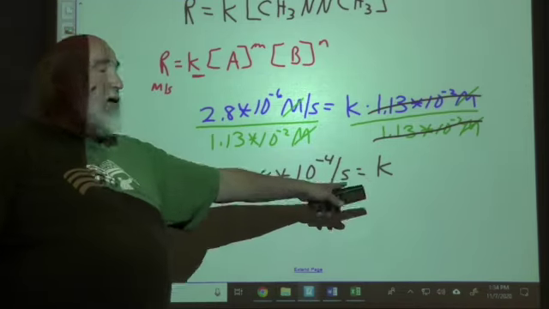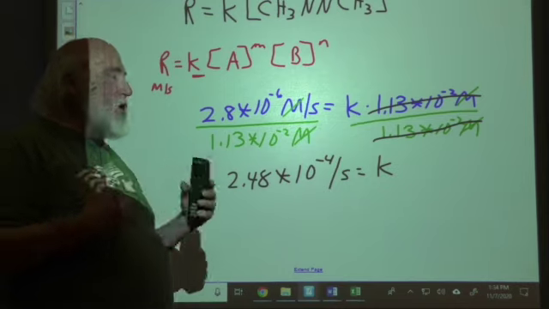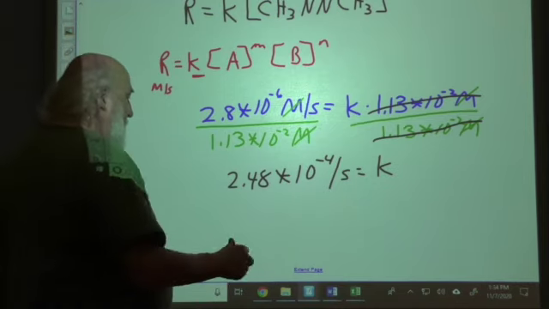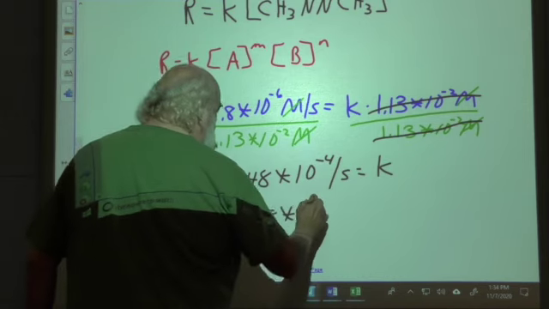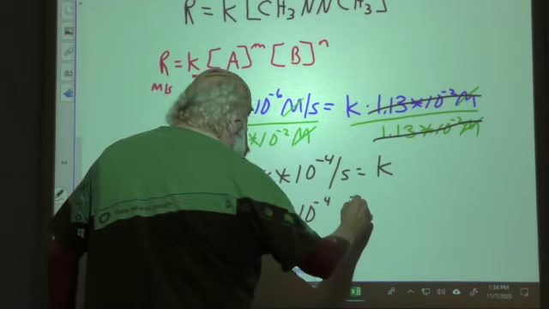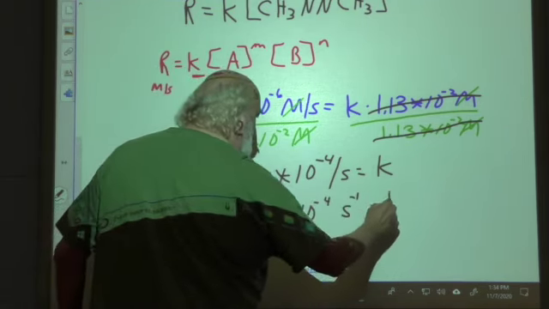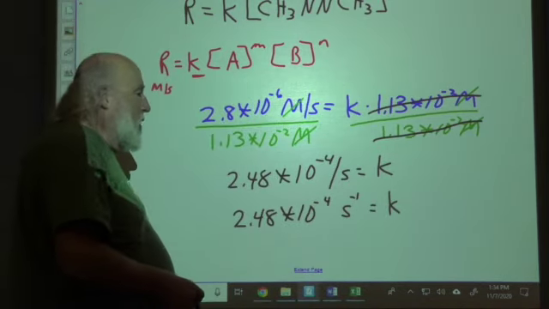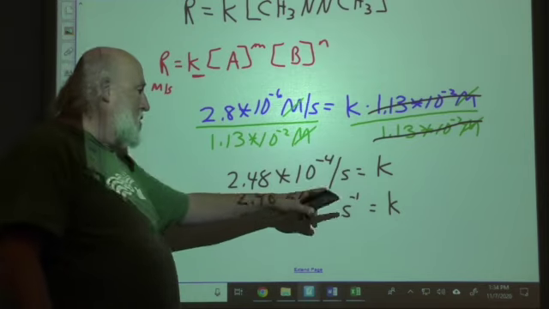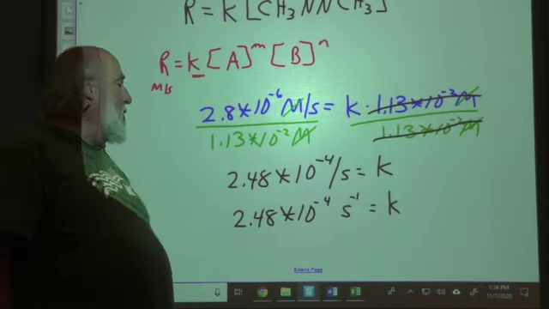Now, another way of writing this, and this is the way I prefer it, you can use either way. I don't much care. But it's 2.48 times 10 to the negative 4 seconds to the negative 1 equals K. Remember, if it's a reverse or an inverse, it is the negative exponent. And since the exponent here is 1, that becomes negative 1.